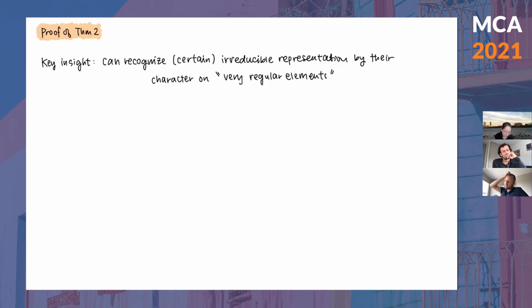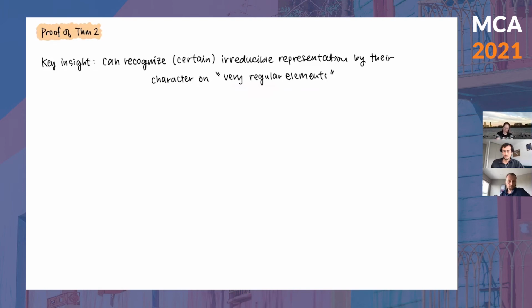The key insight in proving theorem 2 is that one can recognize certain irreducible representations by their character on a particular locus of elements, which are called very regular elements. This terminology, very regular elements, is terminology of Nair, and I'll say what that is in an example in 1 minute. Okay, so this is the key insight, that you don't need the entire character to characterize a representation. Sometimes you only need a small locus.